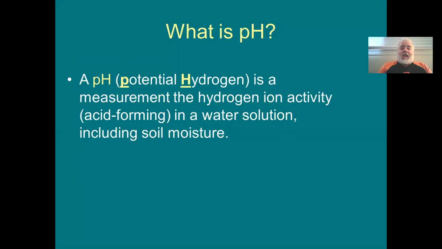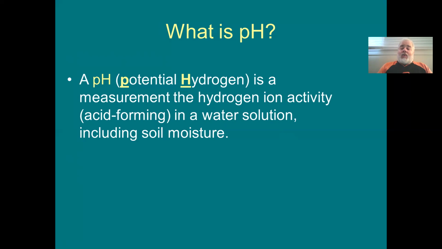It's the activity level of those hydrogen ions, which can be influenced by other factors, including the presence of aluminum ions and other things. But for the most part, we can think of it as the effective concentration of hydrogen ions.